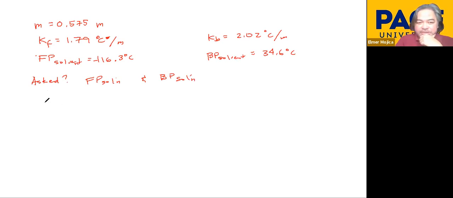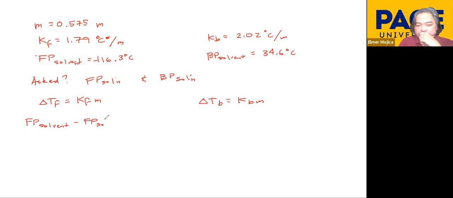So we're going to solve it in terms of delta Tf equals Kf m and delta Tb equals Kb m. Now we need to break down what is delta Tf. So it will be the freezing point of the solvent minus the freezing point of the solution, and then we're going to put the values. We know this as negative 116.3 degrees Celsius, but we don't know this one because that's the one that we're looking for.